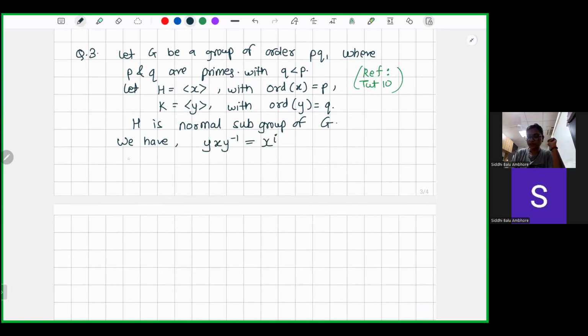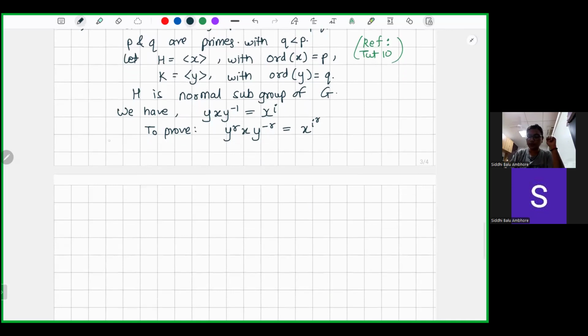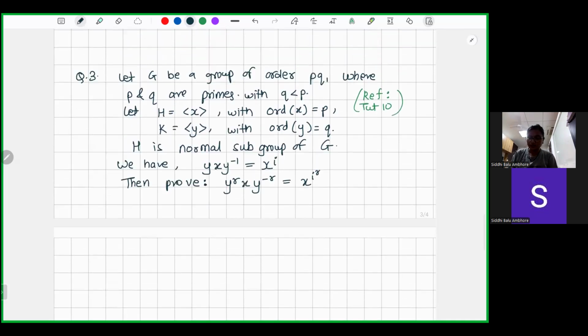We were in this situation and we had to prove that y power r x y power minus r is x power i power r. So for example, for r equal to 2, this is x power i squared. This is what we wanted to prove.